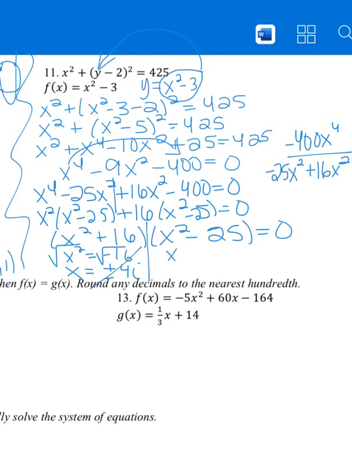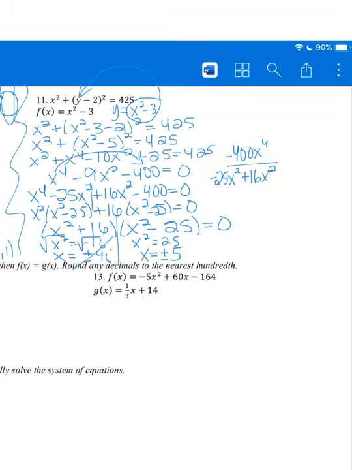On the other side, though, x squared is equal to 25. When I take the square root of 25, remember you get plus and minus 5. So you really get 2 points out of this. You get one when x is 5 and one when x is negative 5. So y equals x squared minus 3 gives me y is equal to 22.